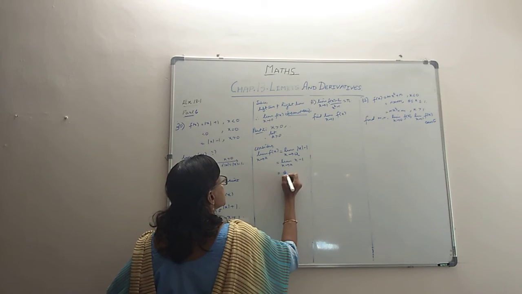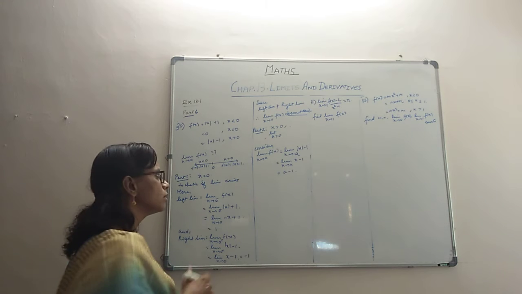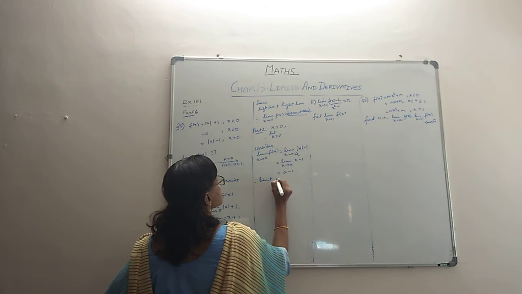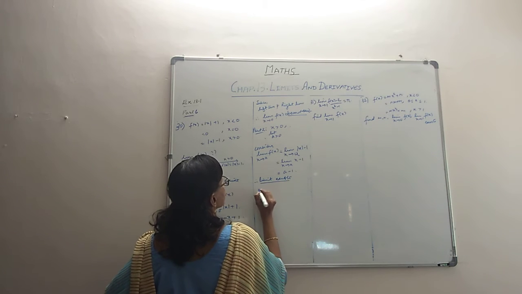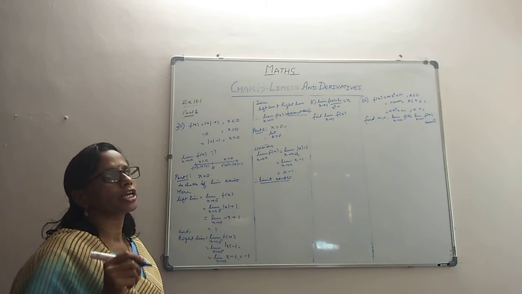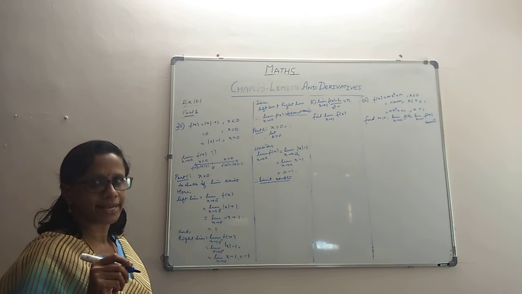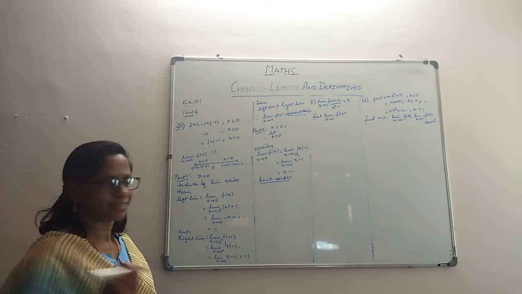On substitution it is a minus 1. The limit exists, and it is always a minus 1. That means if x tends to 1000, your answer will be 999. If x tends to 25, your answer will be 24, like that.